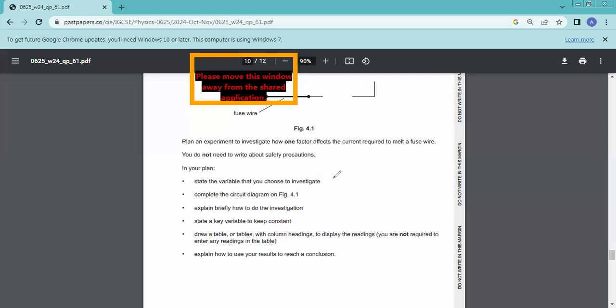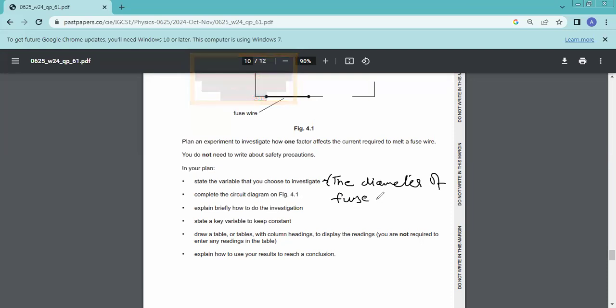The diameter of the fuse wire is the variable chosen to investigate. So the answer for this first one is the diameter of the fuse wire.